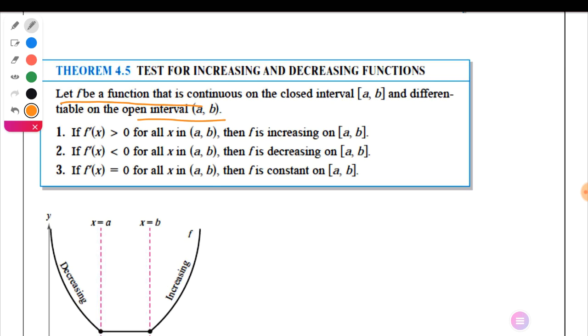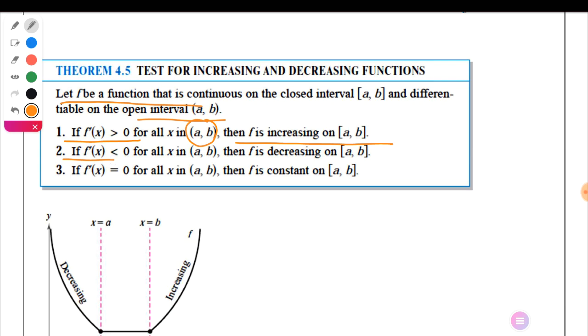Look here. We have a relationship between the value of the derivative on the interval and the behavior of the function on this interval. If the derivative of the function is greater than 0 for all x in the open interval, then the function is increasing on the closed interval.